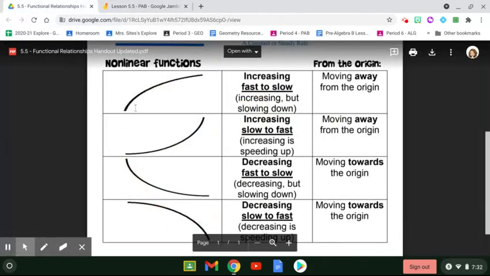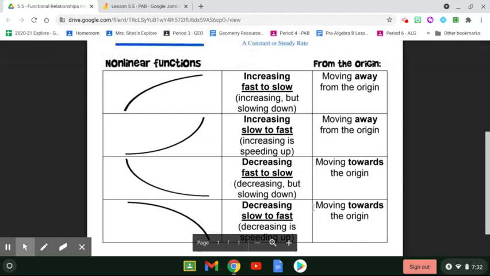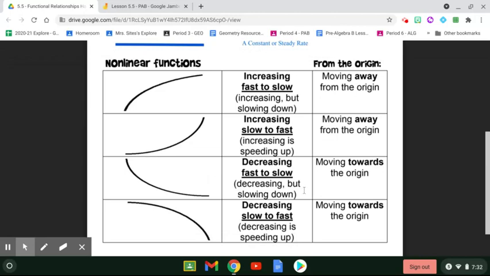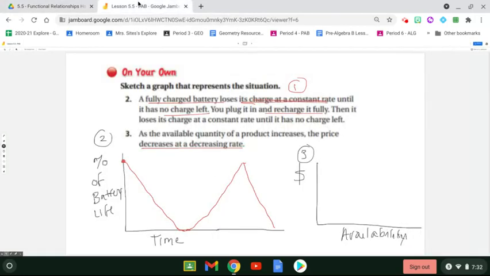So I'm definitely thinking it's nonlinear. It's got to be one of these two because we're talking about decreasing and it says decreasing at a decreasing rate. So it's got to be this choice down here, decreasing from fast to slow because it says decreasing but slowing down. So here's what your graph will look like for question number 3.